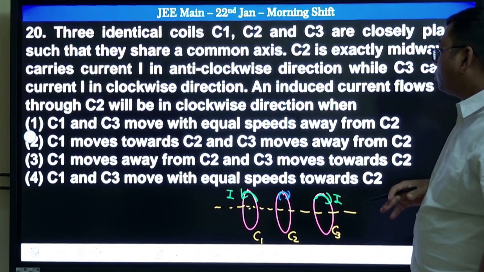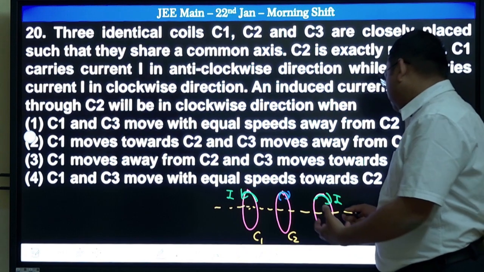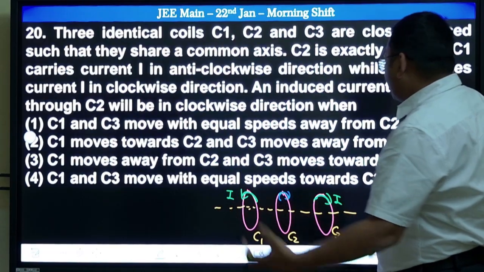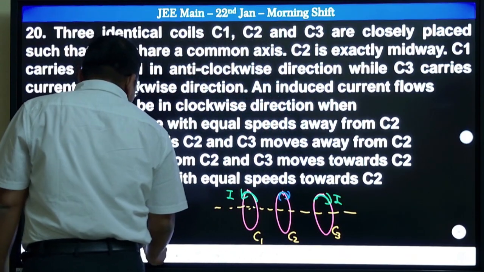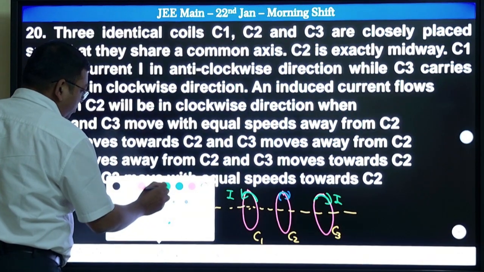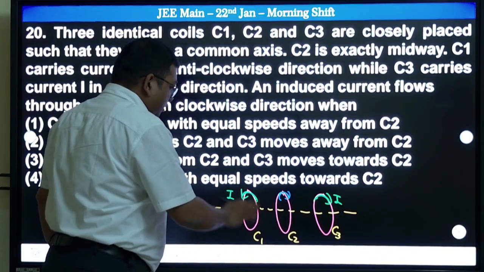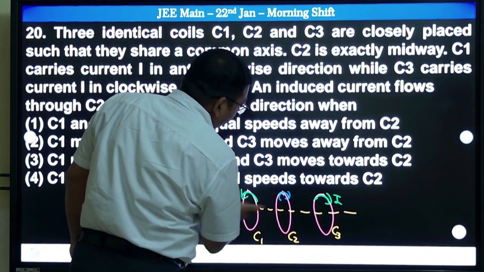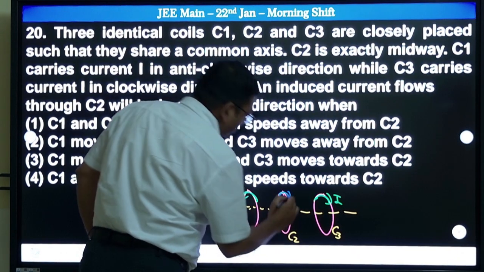C1 and C3 move with equal speed away from C2. Suppose they are moving with equal speed, so what will happen in that case? Think about it. Right now, let us say this is anti-clockwise, so the field due to this will be passing this way.